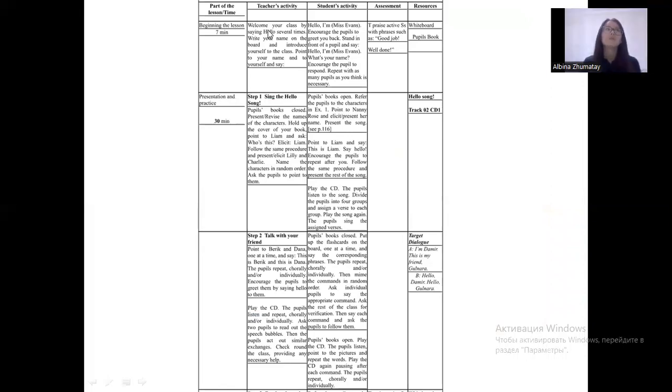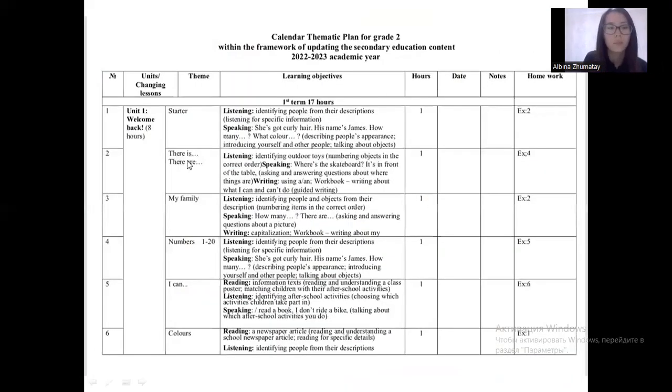In the Telegram channel, I will send the templates, and you can use them in your activity tasks. Your task at home will be to create not a lesson plan, just tasks for this theme.